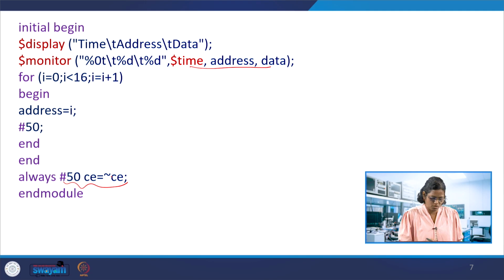Sometimes the chip select is not available, and sometimes it is made like a clock, but it need not be on and off for equal times. It can be on for some time and then off for some time, or every time the chip select is on. So chip select equal to 1, then it keeps incrementing I, and then I is assigned to address.